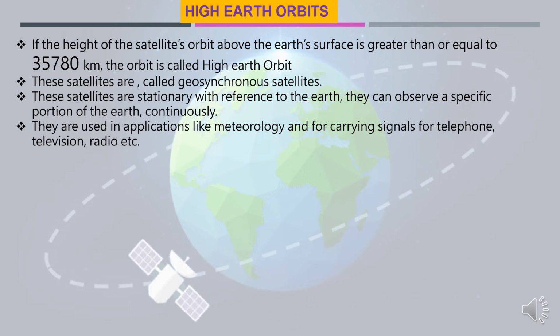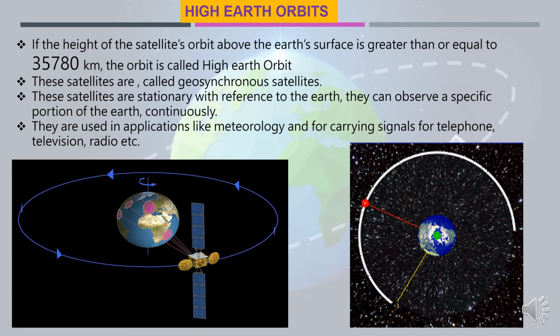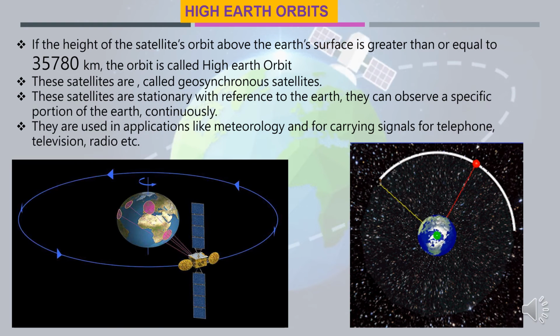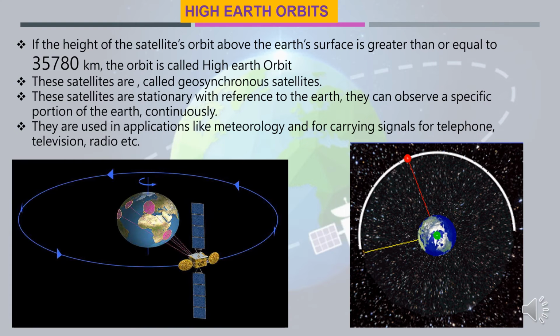These satellites are called geosynchronous satellites. These satellites are stationary, means they do not move. With reference to the Earth, they can observe a specific portion of the Earth continuously. They are used in applications like meteorology and for carrying signals for telephone, television, radio, etc.